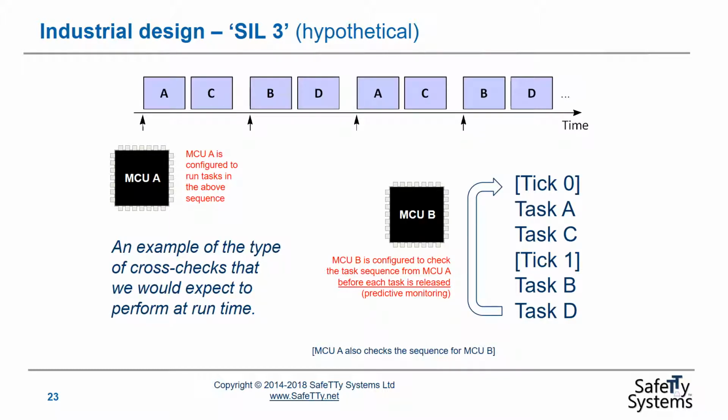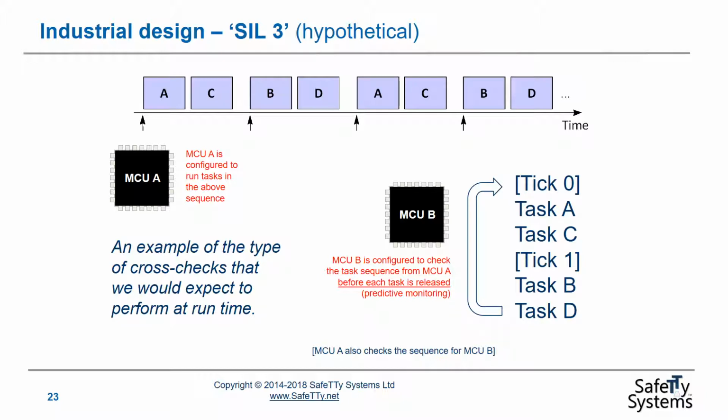In this type of design, we might have microcontroller A configured to run the tasks shown above. So microcontroller A is supposed to run task A, task C, task B, task D. We would then in this design configure microcontroller B to check the task sequence from microcontroller A before each task is released. This is the crucial part.